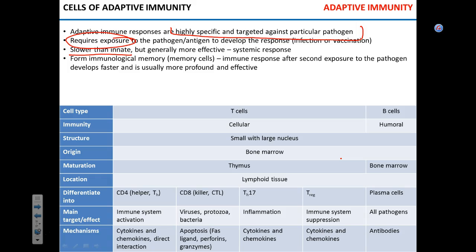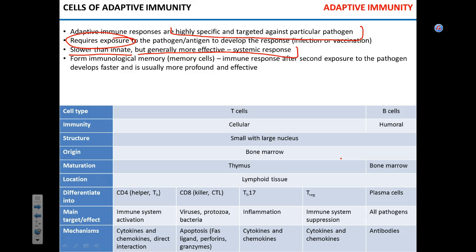It takes time for the cells of the adaptive immune system to recognize the pathogen and mount the response, but generally the response is more effective because the T and B cells, after they are exposed to the pathogen, migrate into the circulation and go with the blood to every site of the body. So they can address the pathogenic attack everywhere. Okay, so it's slower and it's systemic.